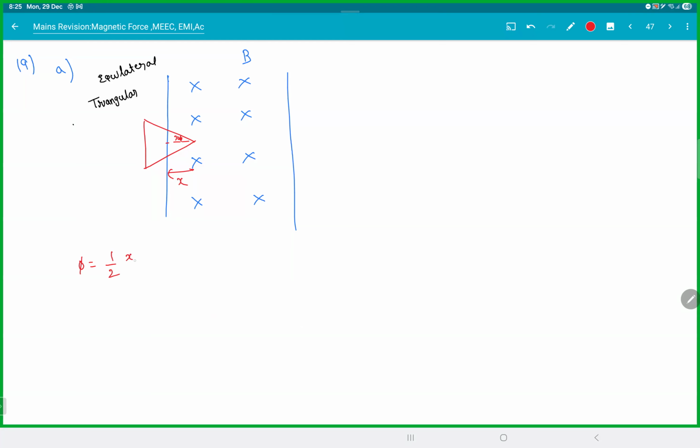So that would be 2x by root 3 into x. So whatever, flux is proportional to x square. And we know x is equal to ut. And when you differentiate, EMF is d phi by dt, this will be proportional to x and proportional to time. So EMF is a linear function.